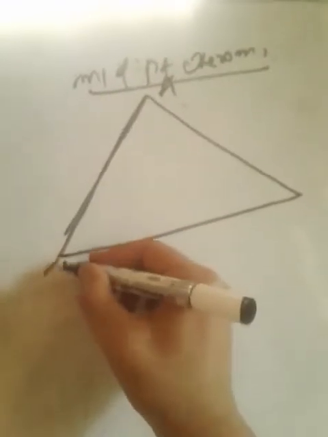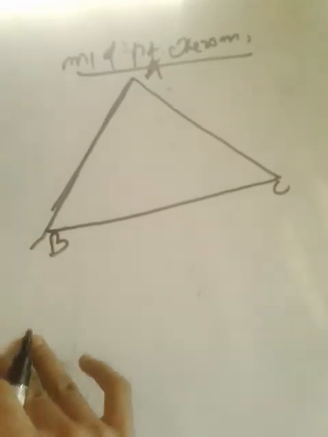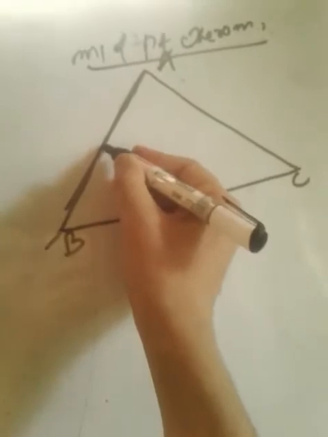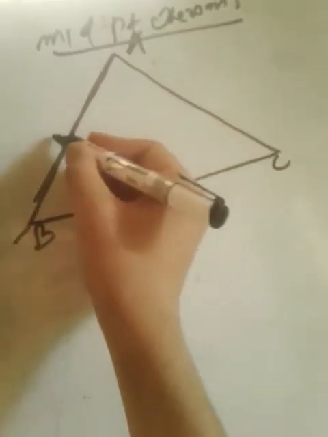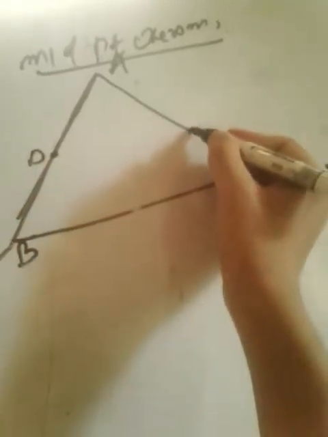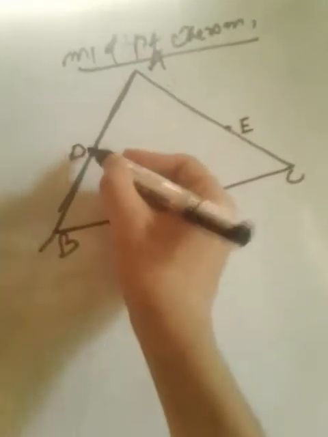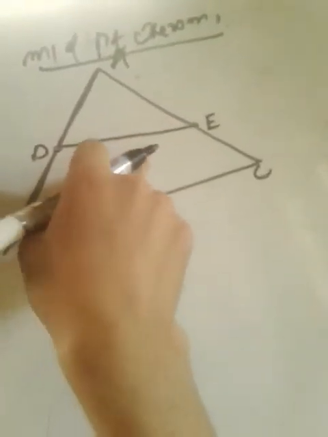This is a triangle ABC. The midpoint theorem states that the line segment joining the midpoints of any two sides of a triangle, suppose you find the midpoints, let us name them D and E. If you join them, this line segment DE is formed.